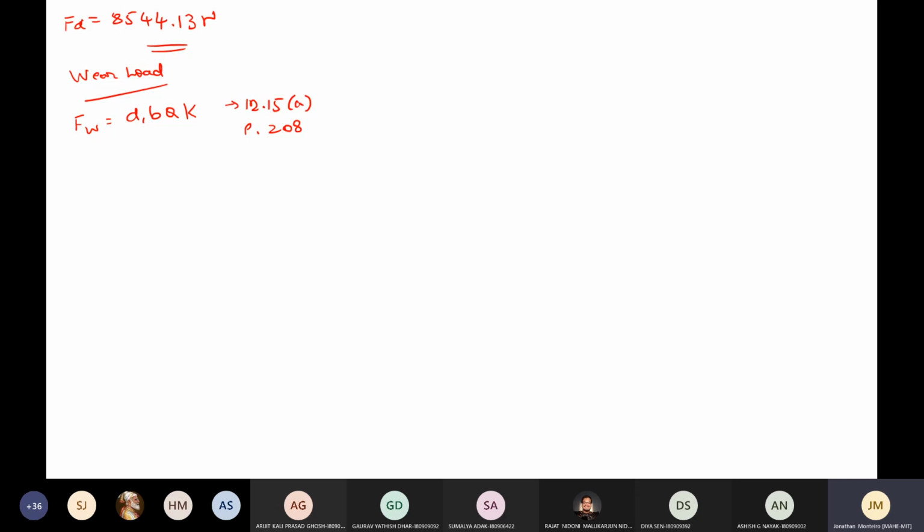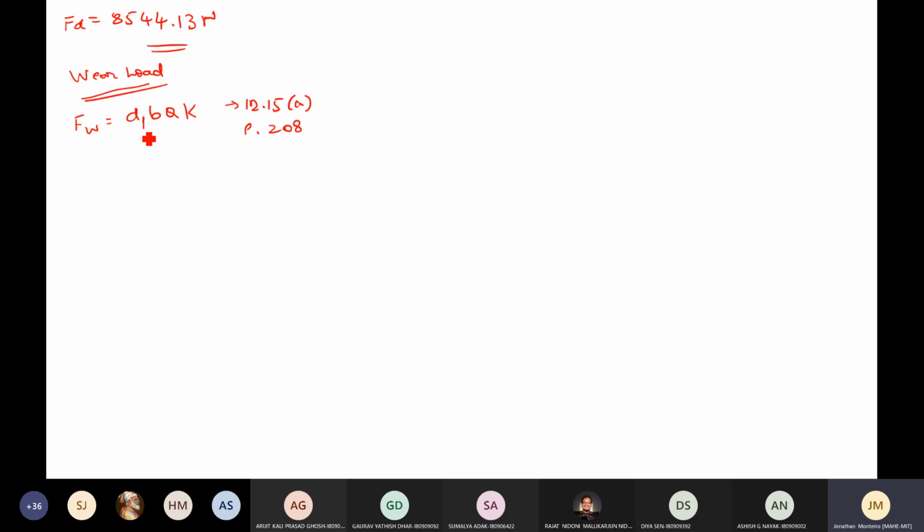Just check those values, students. In page 208, 12.15A will give you the limiting load of wear. You notice something immediately. Though we have been designing for the weaker section here, which is the gear in this particular problem, the moment you come to wear load, you see D1 is mentioned.